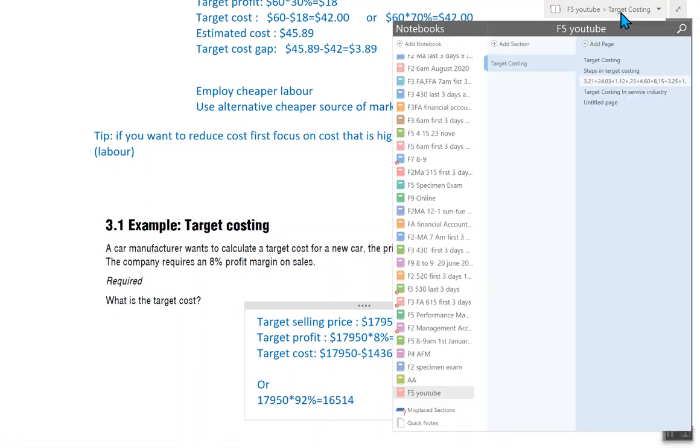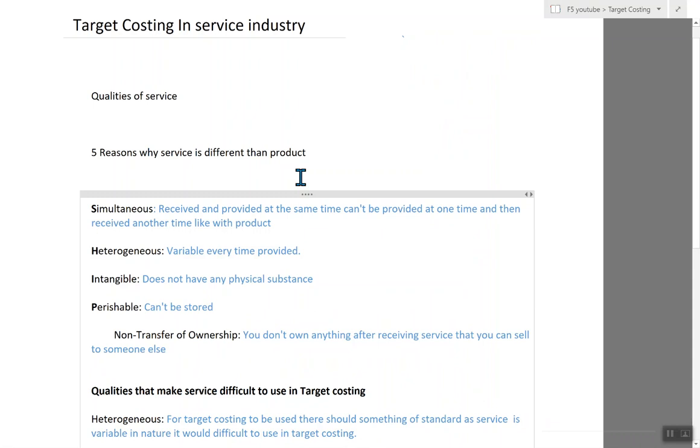And then there is target costing in service industries. Remember, previously, your answer was that target costing cannot be used in service industries. But now your answer should be that target costing can be used in service industries, but it is a little bit difficult to use.